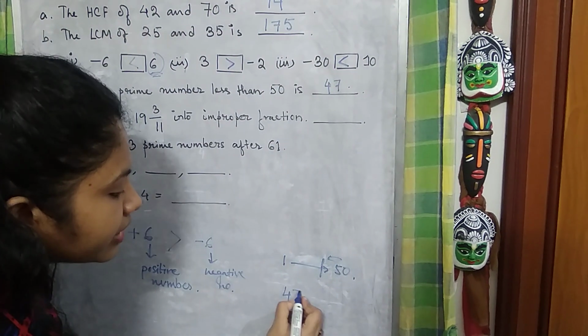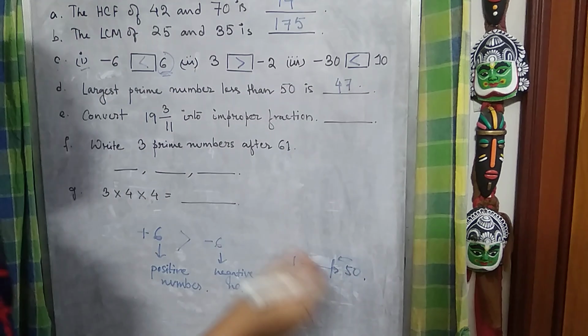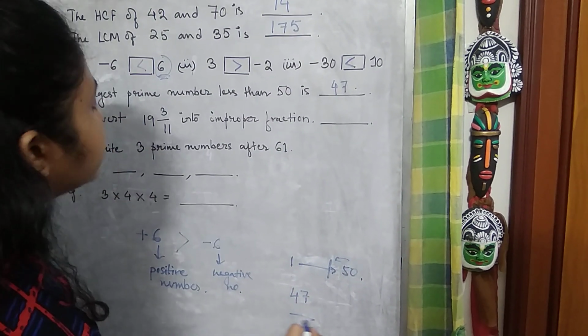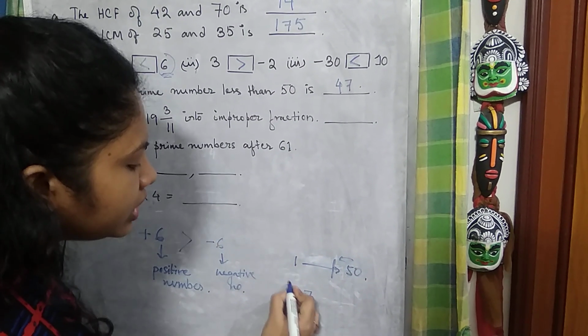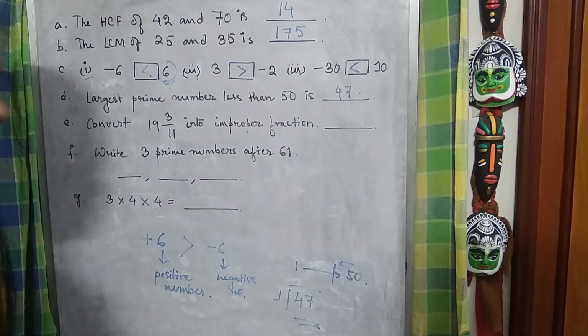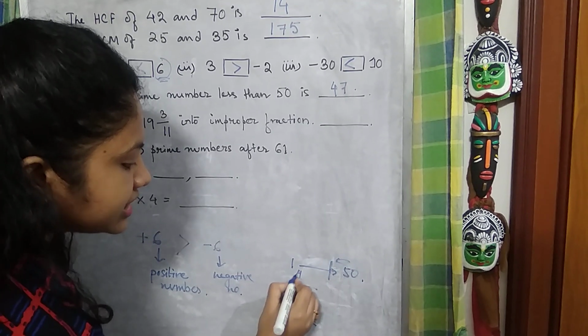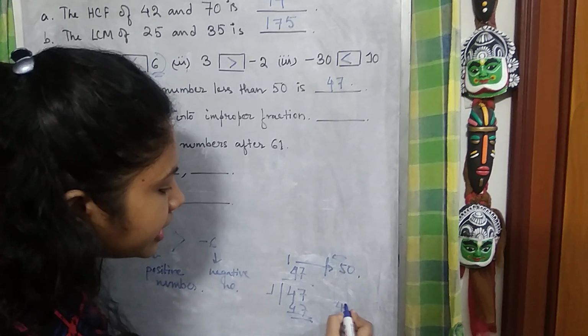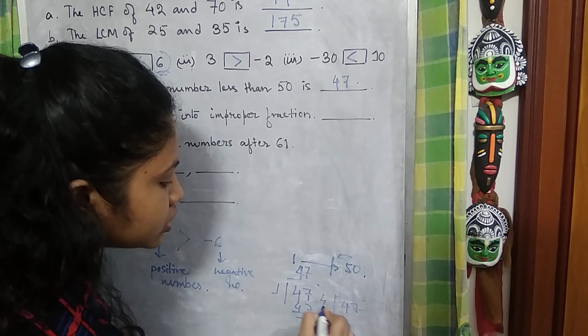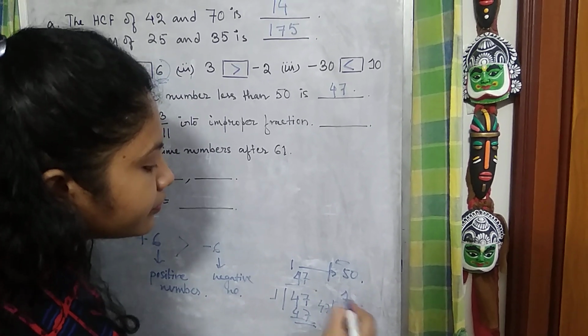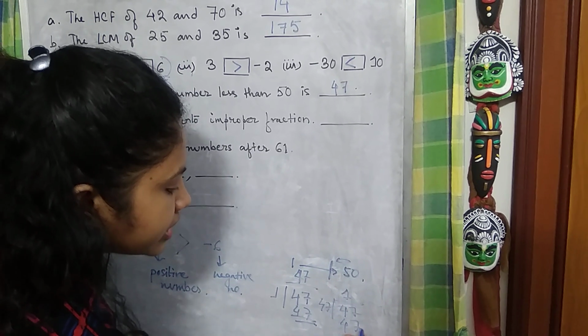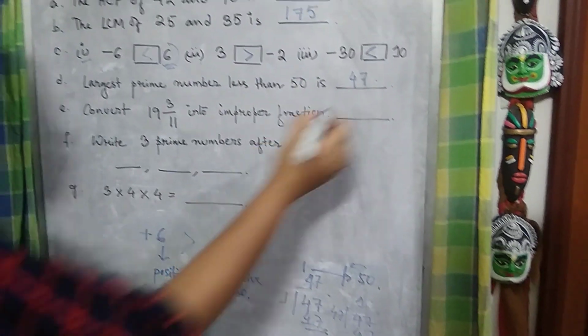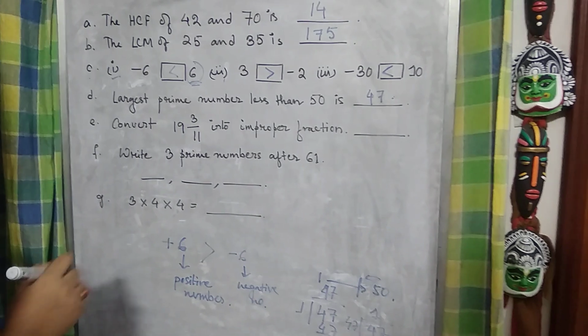Because, as I told you in the previous class also, prime numbers are those which can only be divided by 1 and themselves. 47 ones are 47 only. So 47 is the number.